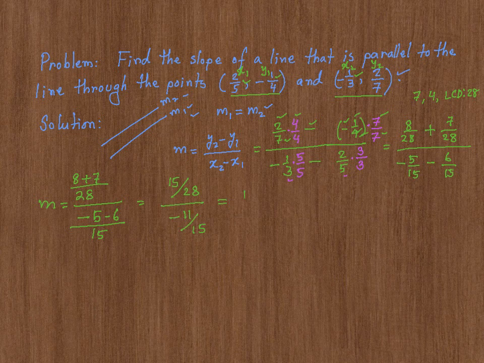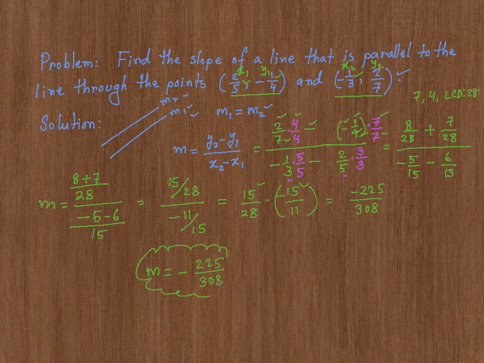Now if I simplify it further, I'm going to get 15 over 28 times negative 15 over 11, and whatever it comes out to. So negative 15 times 15 is negative 225, and 11 times 28 is going to be 308. So the slope of the given line is negative 225 over 308.